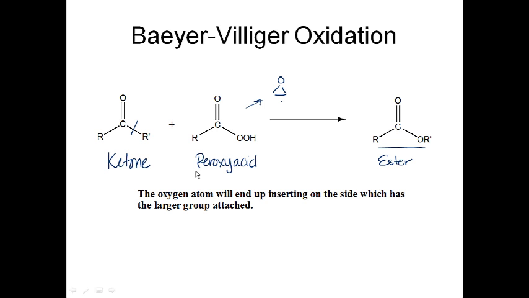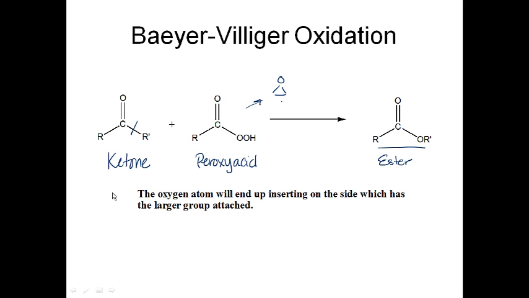But Baeyer Villiger oxidation is very important to convert a ketone into an ester, and you might say, well, really, is it that difficult to do? Well, think about this. Let me just make sure that's not on this next slide.